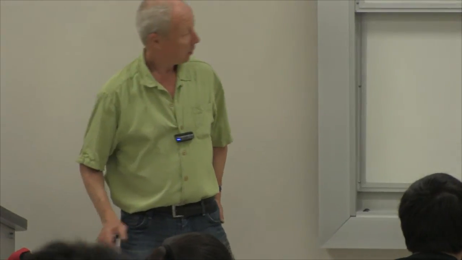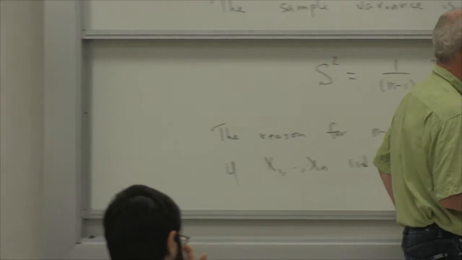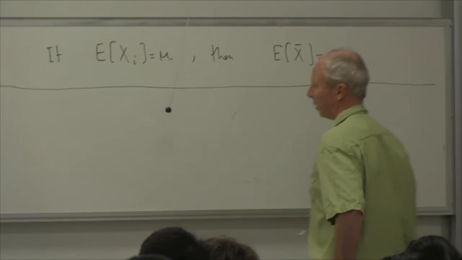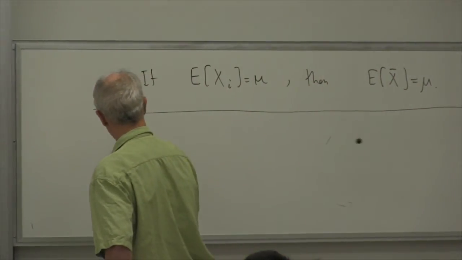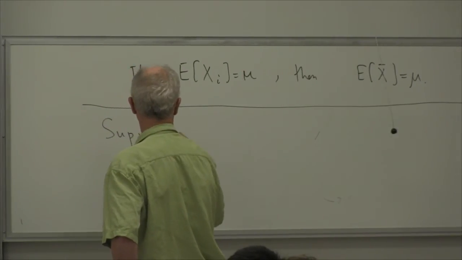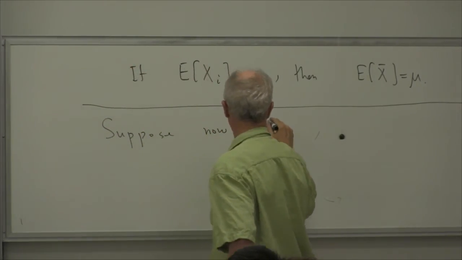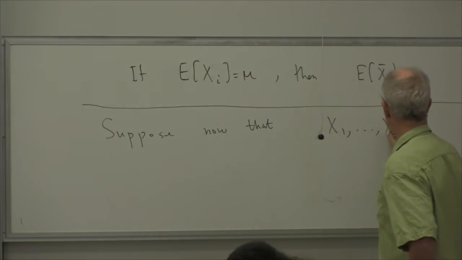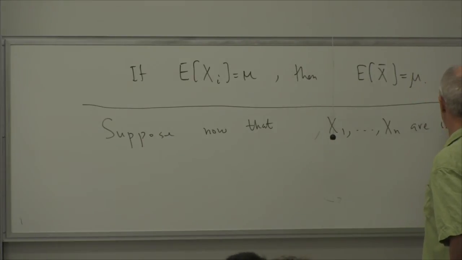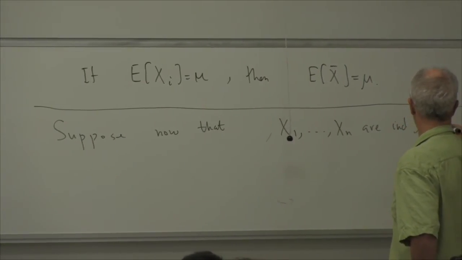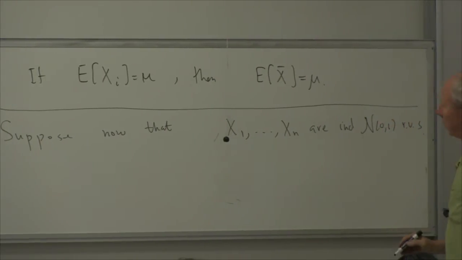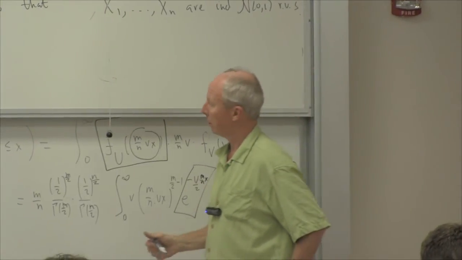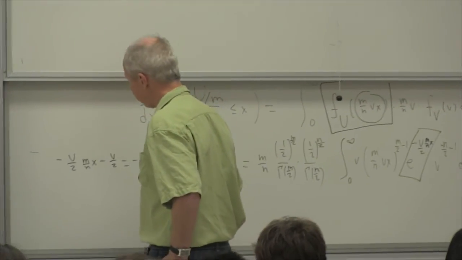So let's examine the case where we have normal random variables. Suppose these are normal mean zero variance 1 random variables, which is often the case.